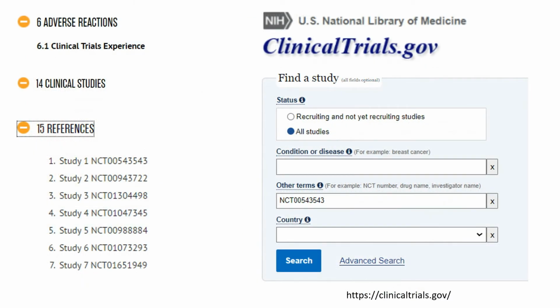If you would like to know more about human clinical studies conducted with a vaccine, you can scroll to the section Clinical Studies or References. NCTs are reference numbers of clinical trials. You can find more about these studies by searching the NIH registry at clinicaltrials.gov. If you cannot find an NCT number, you can search by product name.